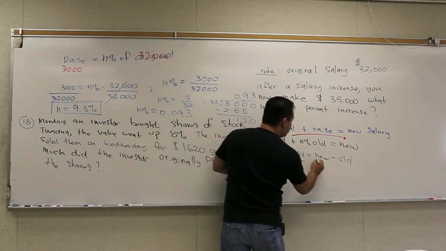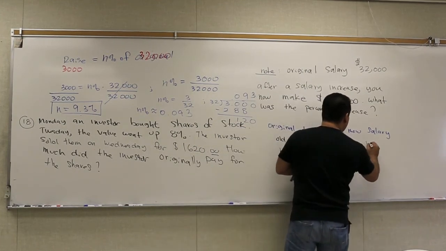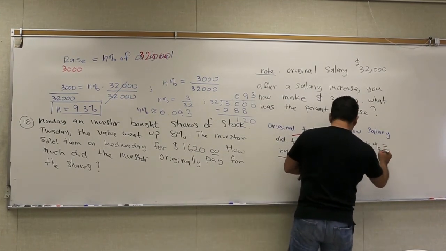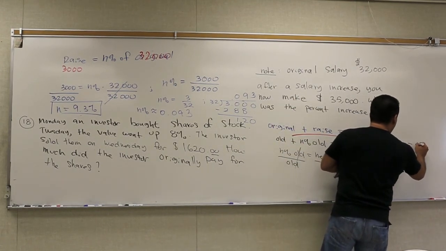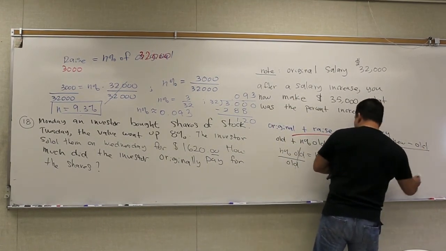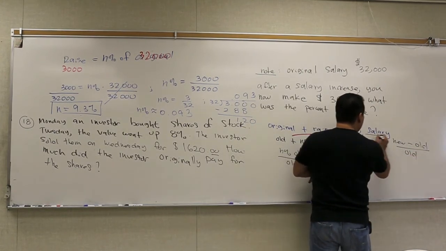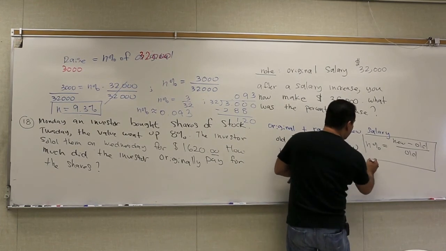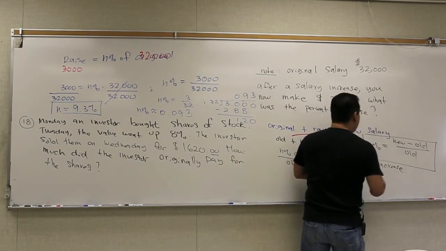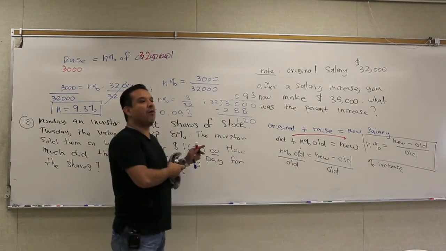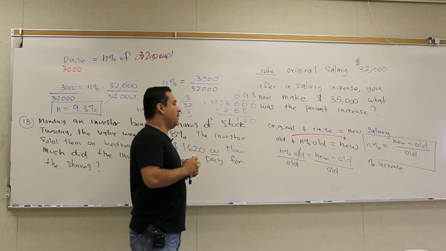Old value. Okay? And they got a relationship that n% is really found by taking the difference between the new and the old, and you divide it by the what? The old value. Okay? They called this a percent increase because you are going from a smaller value to a larger value. The old value is smaller than the new value.